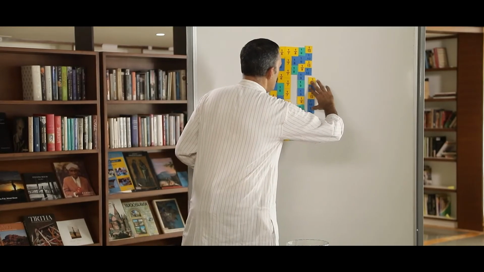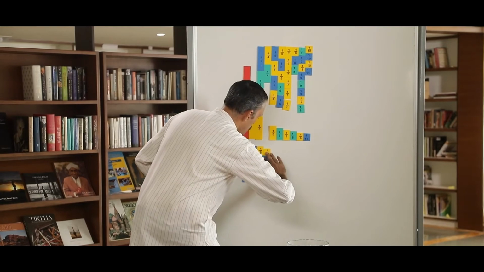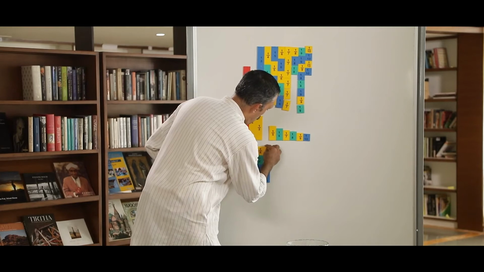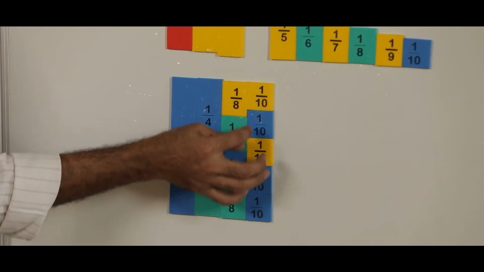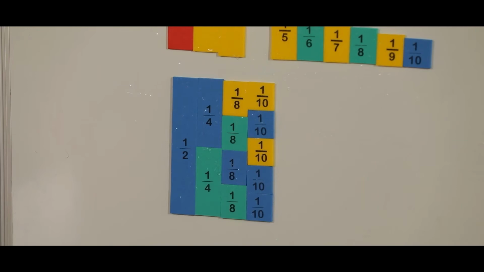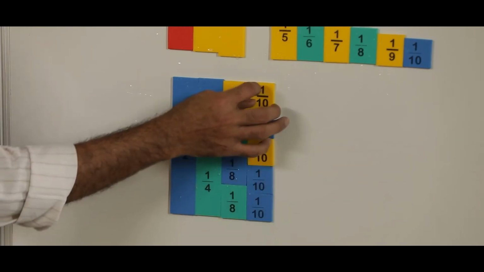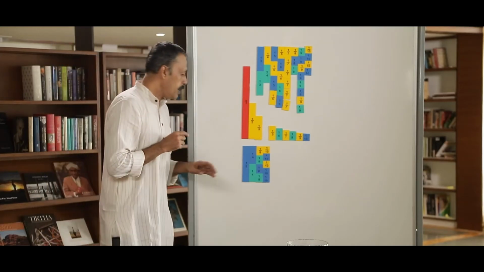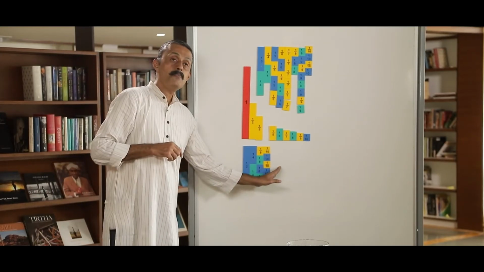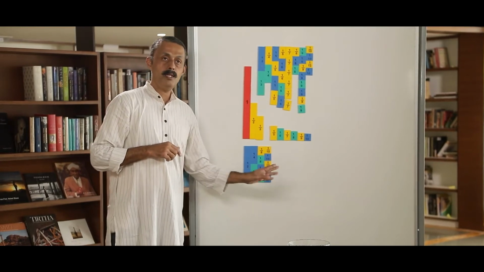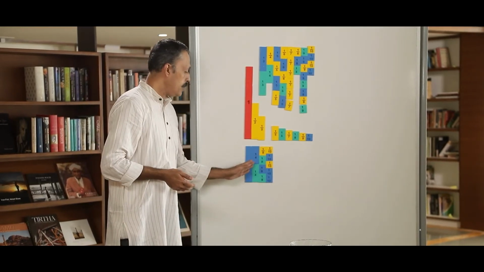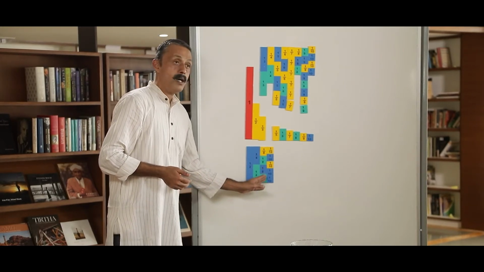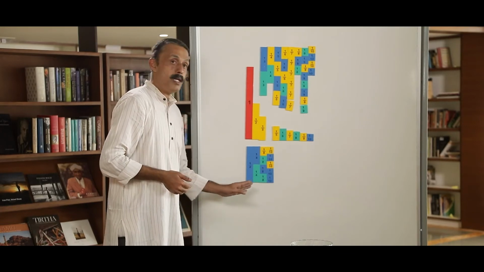Similarly, we can check this out. This is 1/10. If I take 1, 2, 3, 4, 5 1/10s, it will be equal to 1/2. What do we call this? Equal fractions. These are called equal fractions. 1/2 is equal to 2 quarters. 1/2 is equal to 4 1/8.